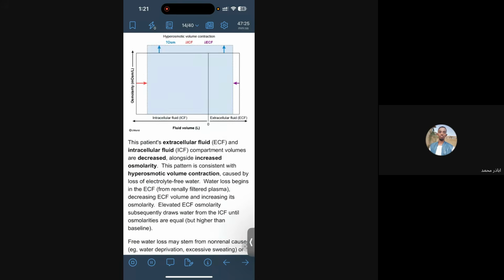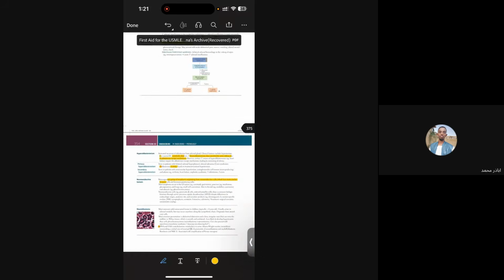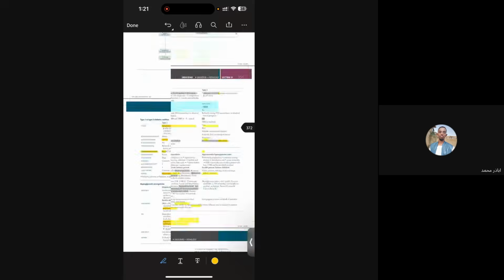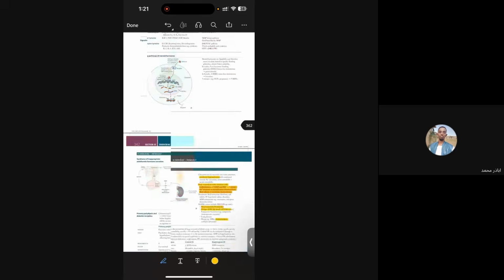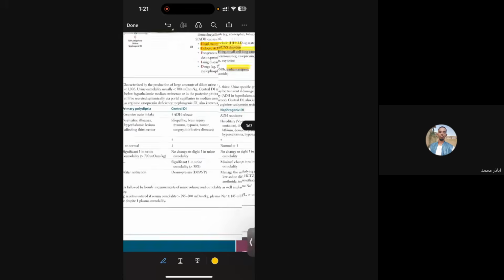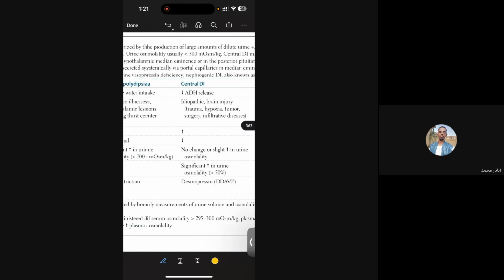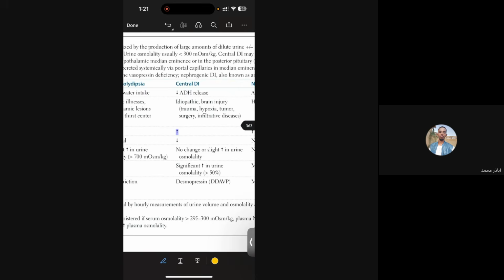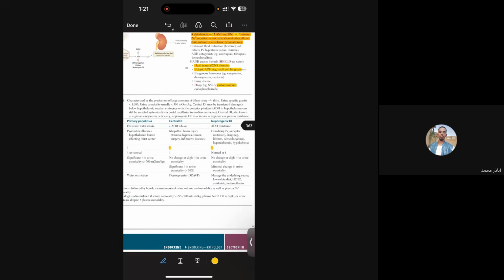In diabetes insipidus, serum osmolality is always going to be increased, whether it is central or nephrogenic.